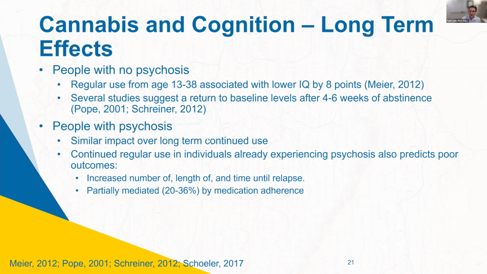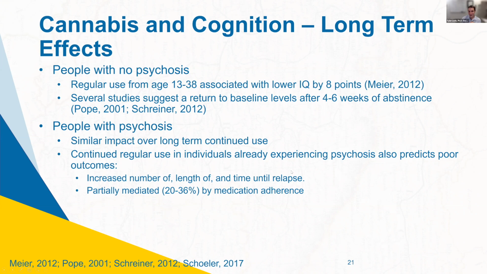And in individuals with psychosis, we see something similar: you do have this negative impact related to continuous use of cannabis. If you look at the impact on the person's symptoms, you see that the more people use cannabis, the more often they're in the hospital, the longer they spend in the hospital, and the shorter the time until they relapse.